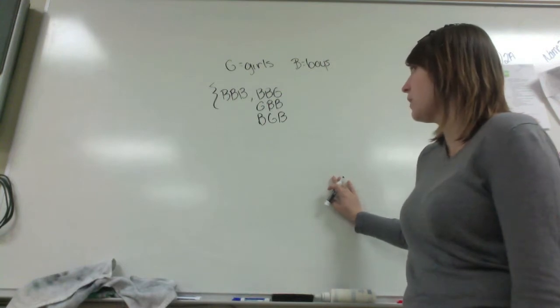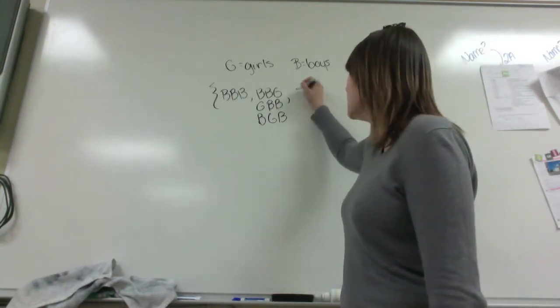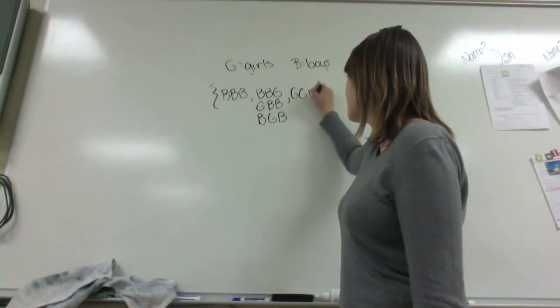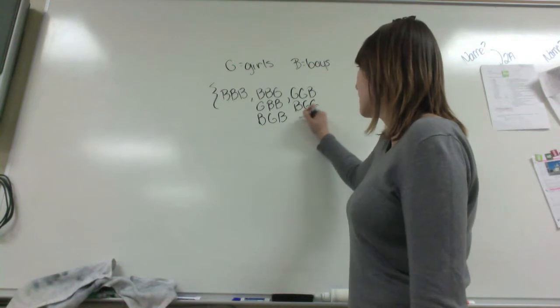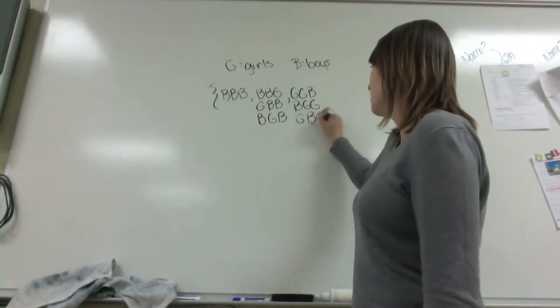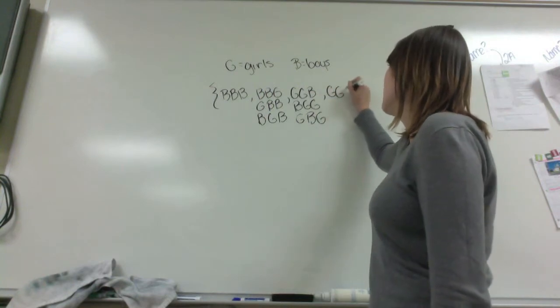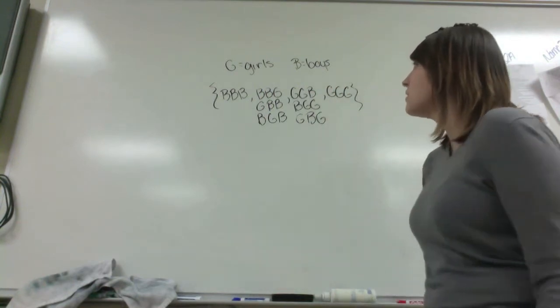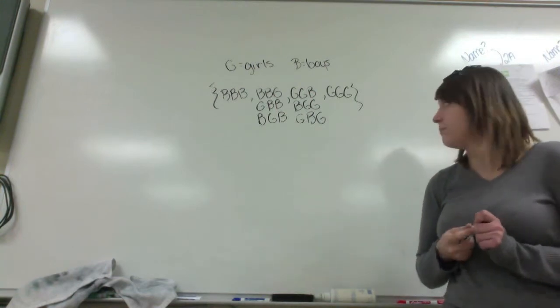Or I could have 2 girls and 1 boy. I could have 2 girls first, or the boy first, or the boy in the middle, or I could have 3 girls. So this is my sample space for a family with 3 children.